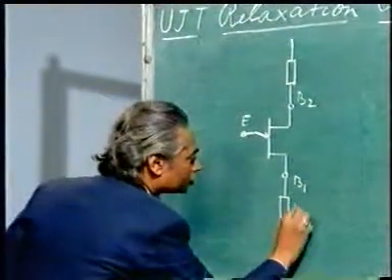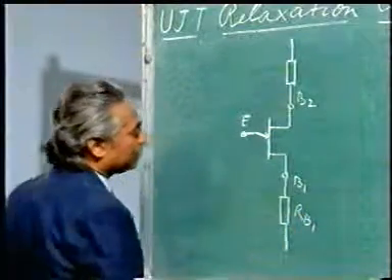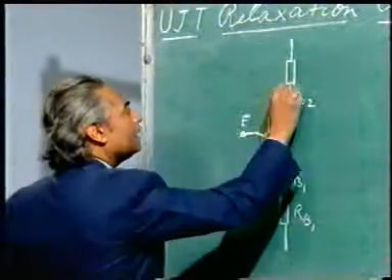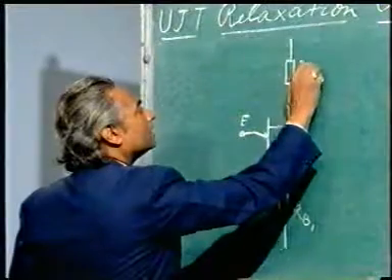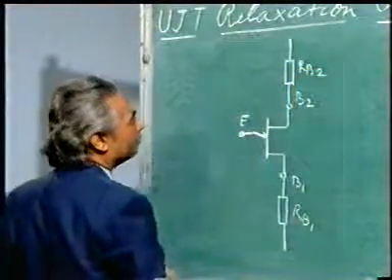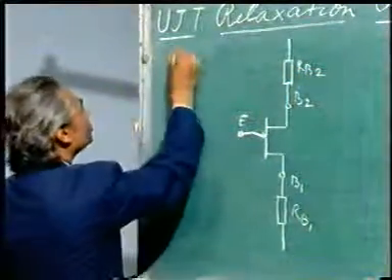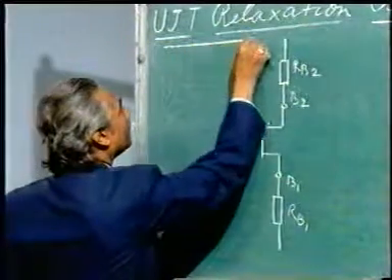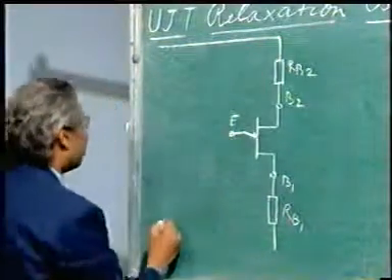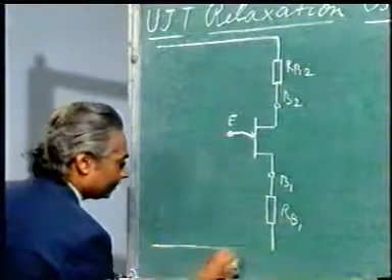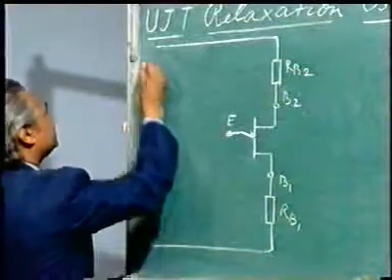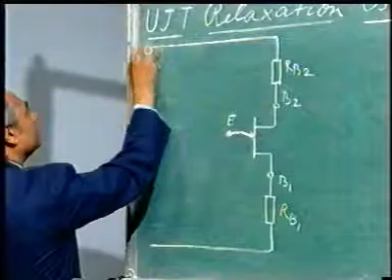This will be RB1, which is connected across base 1, and this resistance which is connected across base 2 will be RB2, obviously. Suppose I connect a power supply between the 2 bases like that.